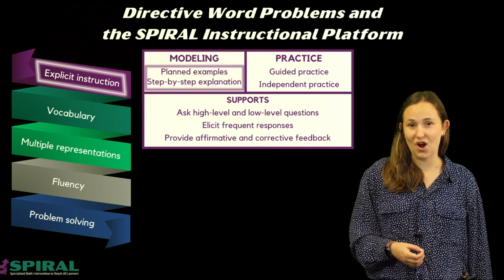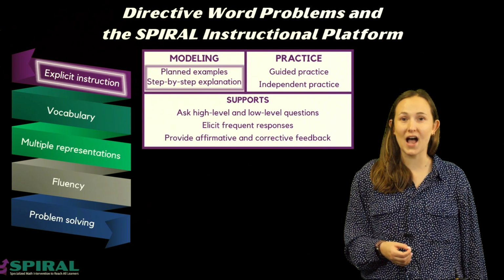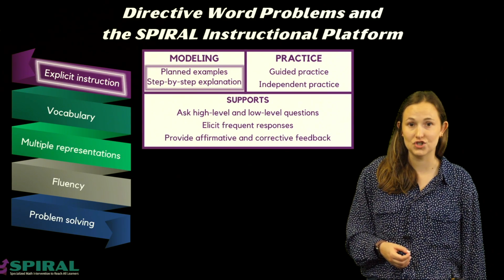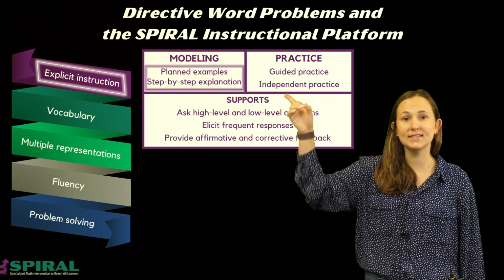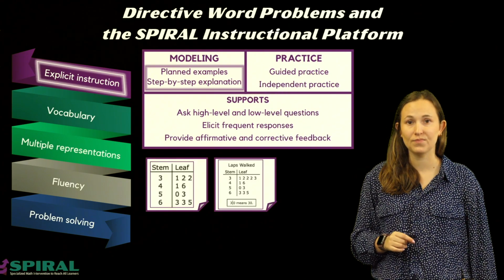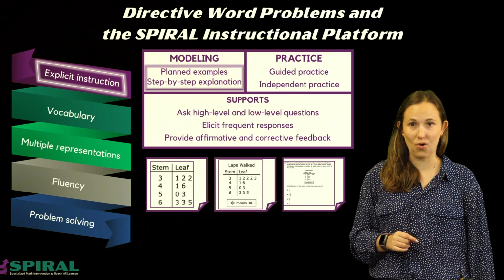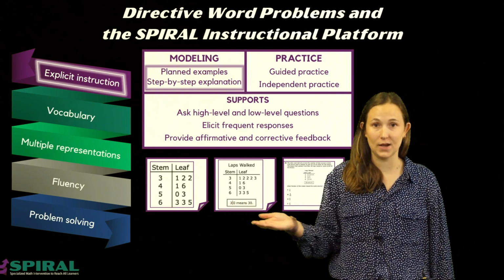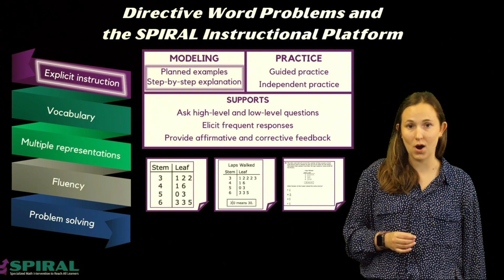Within explicit instruction, we use this model from the National Center on Intensive Intervention: modeling, practice, and supports. Here we have an example of using planned examples to teach directive word problems.